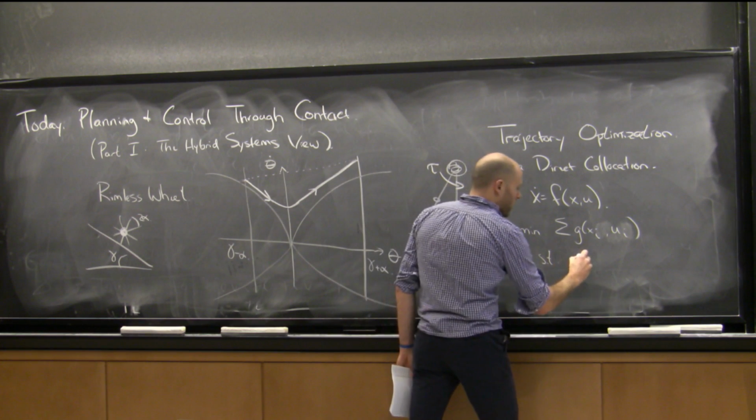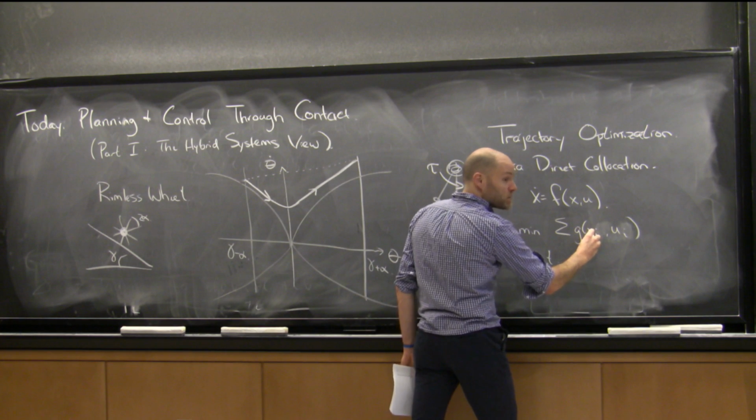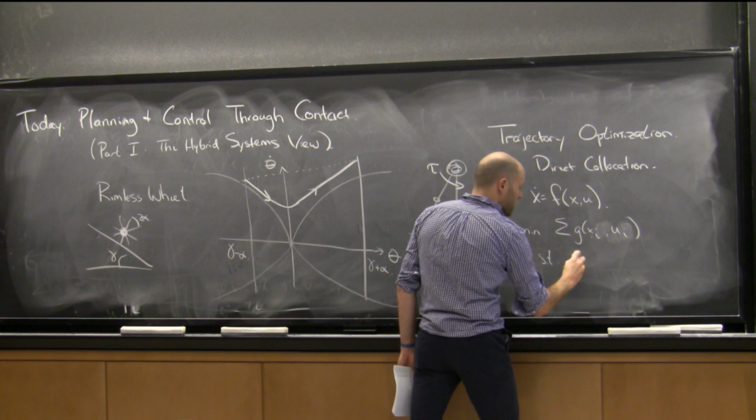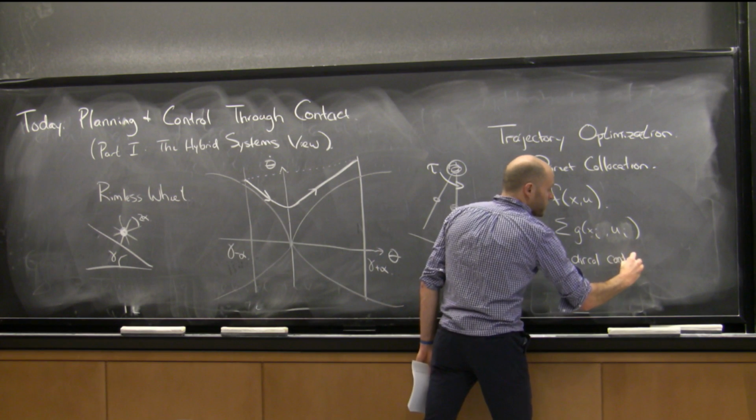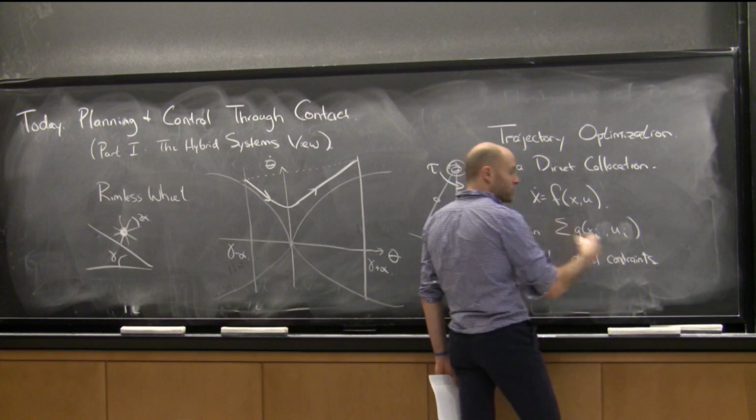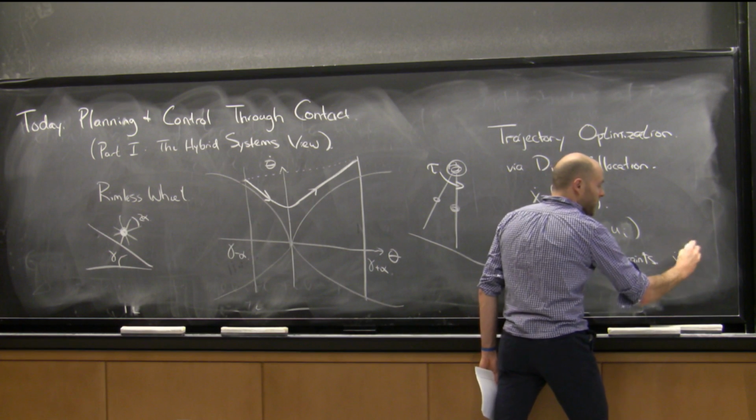So I'd like that the cubic spline derived by this enforce, you know, that roughly x dot equals f of x, u.